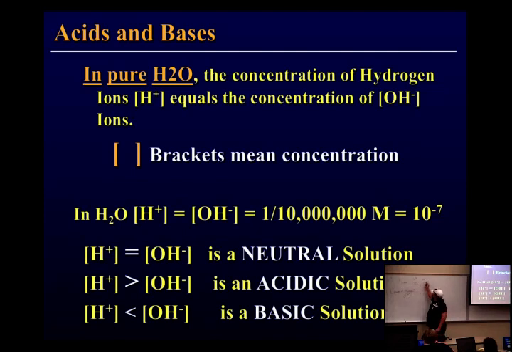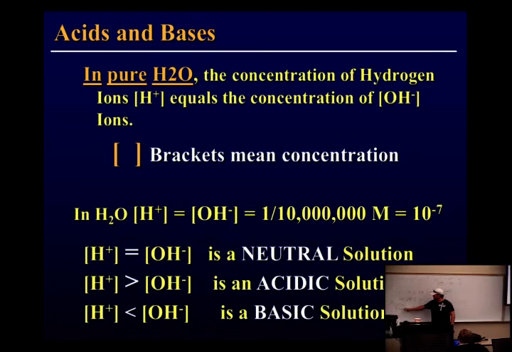So the lower the pH level, I'm sorry, the pH level. Yes. So the 10 to the minus 6 and 10 to the minus 8, this is acidic, yes, because higher.